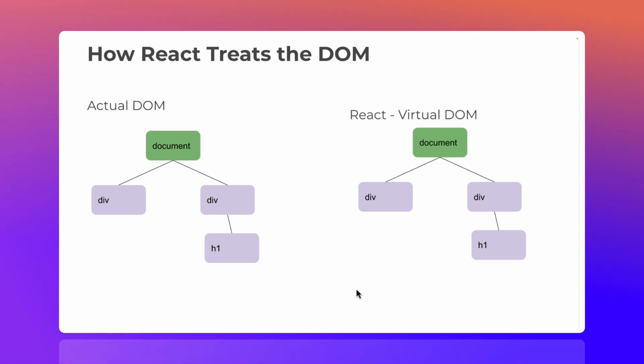So as we know, data or state is very important in the UI in React, that's the whole point, right? So when the state of a React component changes, let's say this div is part of a component, when the state that is governing this component changes, React doesn't update the actual DOM. Instead, it updates this virtual DOM tree rather than immediately applying every change to the actual DOM.